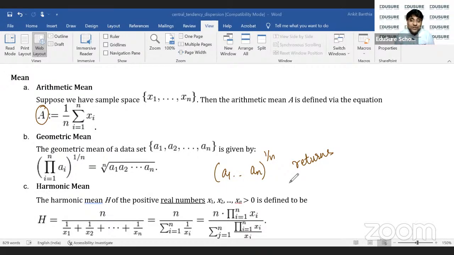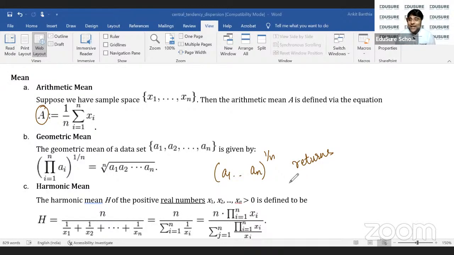That will give you the average inflation every year, right? So geometric mean is basically used to calculate the mean of returns, asset returns, interest values, inflation. Okay, these are all used for geometric mean.